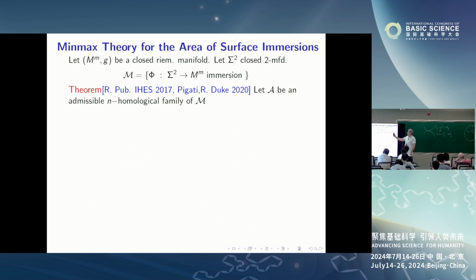And then you take, so I'm not going into this, an admissible n-homological family of M. That is, you take a subset of the power set, which is invariant under homeomorphism of this set here. And it is n-dimensional. So it could be an n-homotopical family or an n-cohomological family as well.